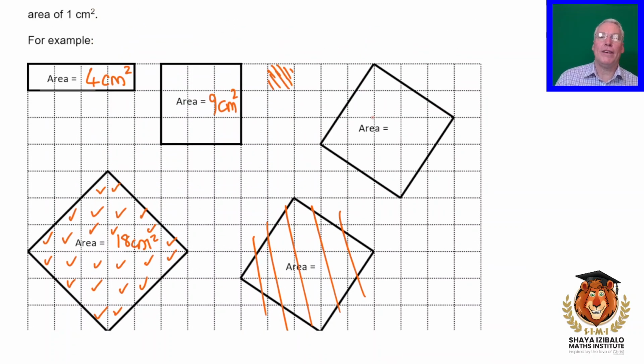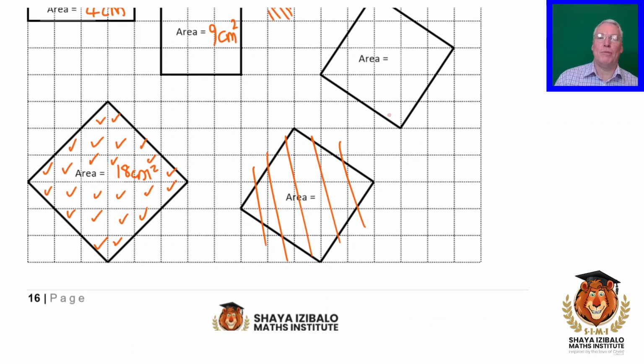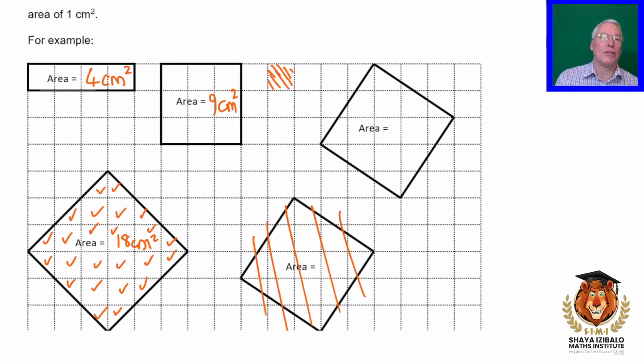Okay, and then this one over here is a little trickier because there are not too many whole squares in this one, but let's just try and count the whole ones first. We've got 1, 2, 3, 4, 5 whole ones. Now this little piece that's been included here looks to me to be about the same size as that little piece that's been cut off there.